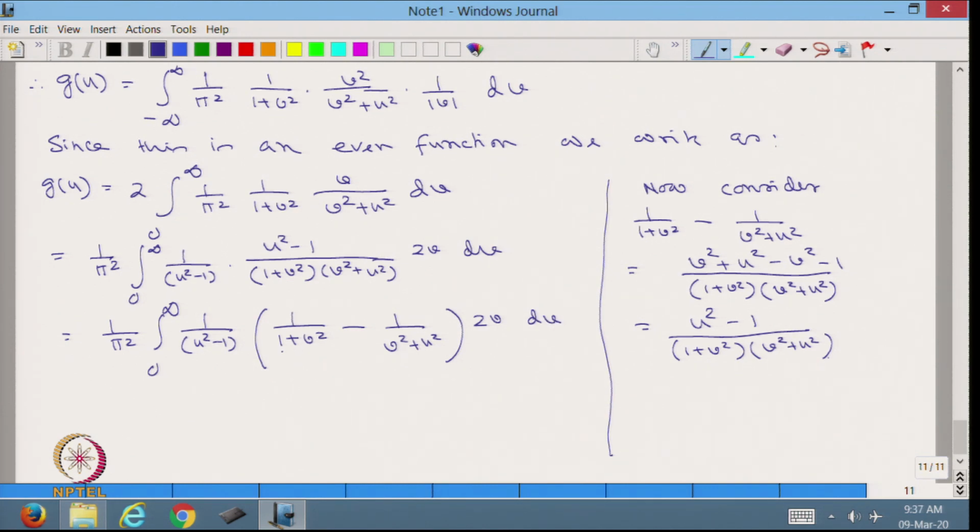Note that in both of them v square is there in the denominator. So, by replacing 1 plus v square, say, as z, we shall get 2v dv is equal to dz, and in a similar way for v square plus u square we shall get 2v dv to be say dw.